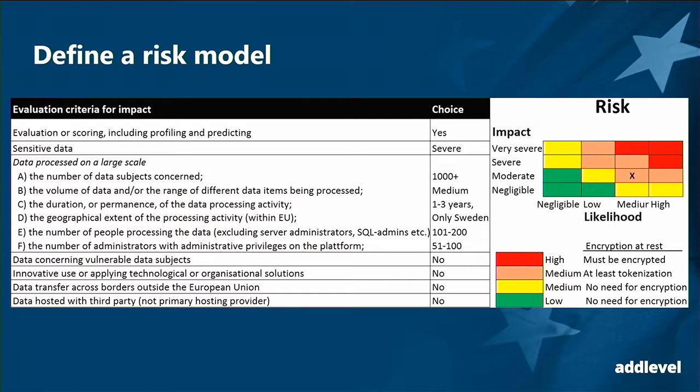And then you decide that, okay, if we land here that we have a very severe impact with a high likelihood of happening, then we need to use encryption at rest. So I think that this is sort of a method that we're going to see being implemented when it comes to not only encryption at rest, but for different protection technologies. Yeah, you're going to have to combine a lot of different security controls to simply mitigate all these risks.